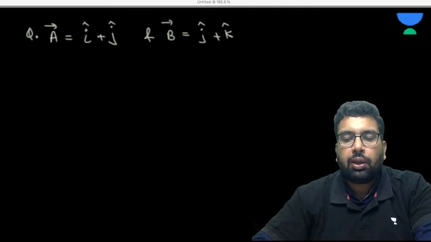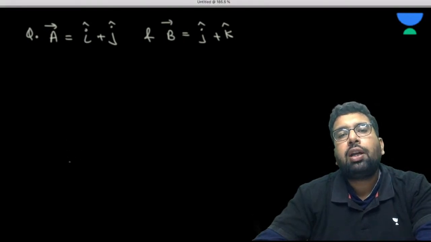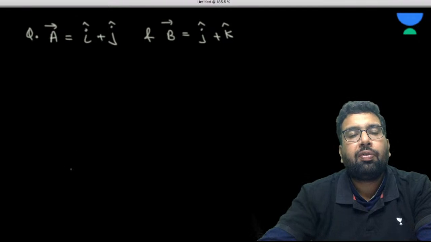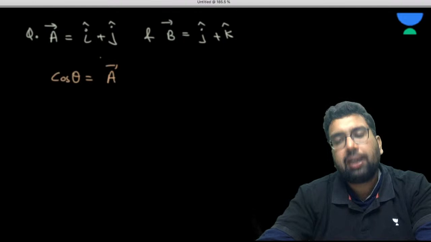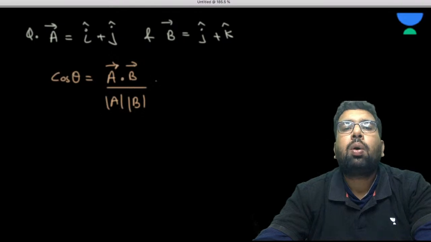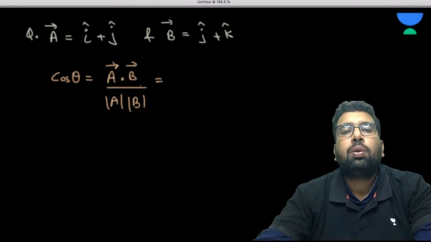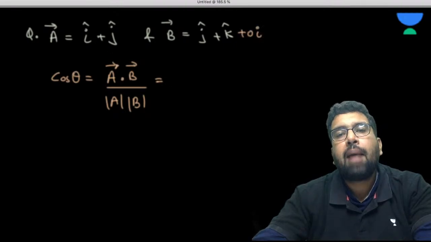Now see, sometimes in a hurry we make a mistake here. See, I plus J and J and K. When we are in a hurry or under pressure, what we do is see I, J and J and K. So be careful with what you are doing. We know cos theta is equal to A vector dot B vector upon mod of A and mod of B. Here I can write 0 I cap, and here 0 K cap.